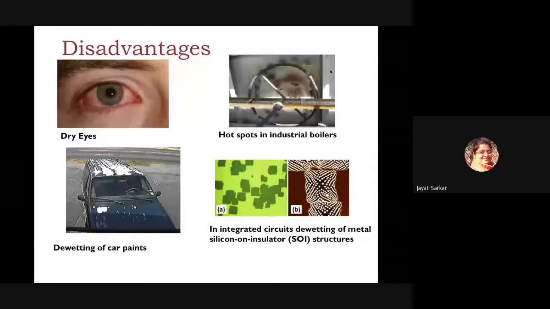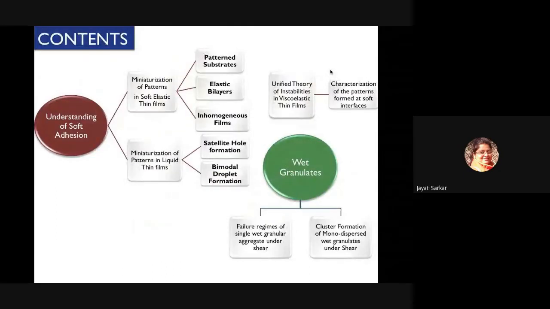So basically, in our content, we will today be looking into soft adhesion. We'll be looking into instabilities in elastic thin films. We'll be looking into miniaturization in liquid thin films and try to understand that. And as we have said, the liquid and the elastic thin films have different types of patterns. So we would like to develop a unified theory of instabilities in these films, right?